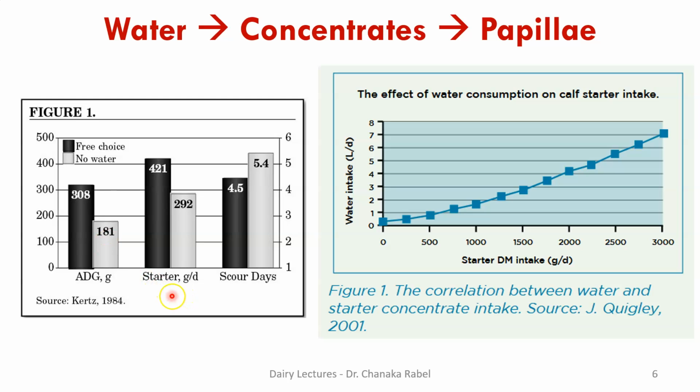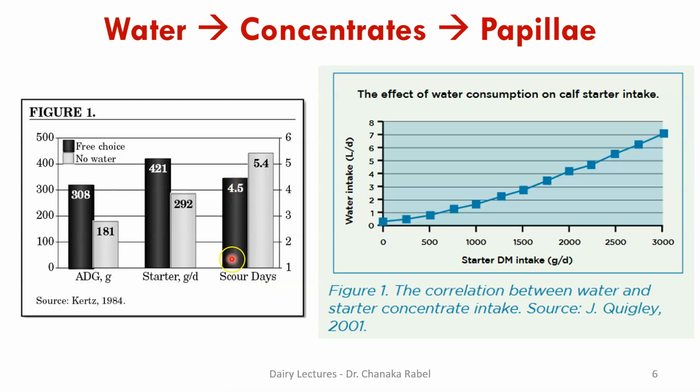And calf starter consumption, which is extremely important for the animal's development as well as rumen development, was also higher in the group given ad libitum water compared to the group that received no water. And you should know this word by now: scour days is the number of days that calves had diarrhea or loose stools.